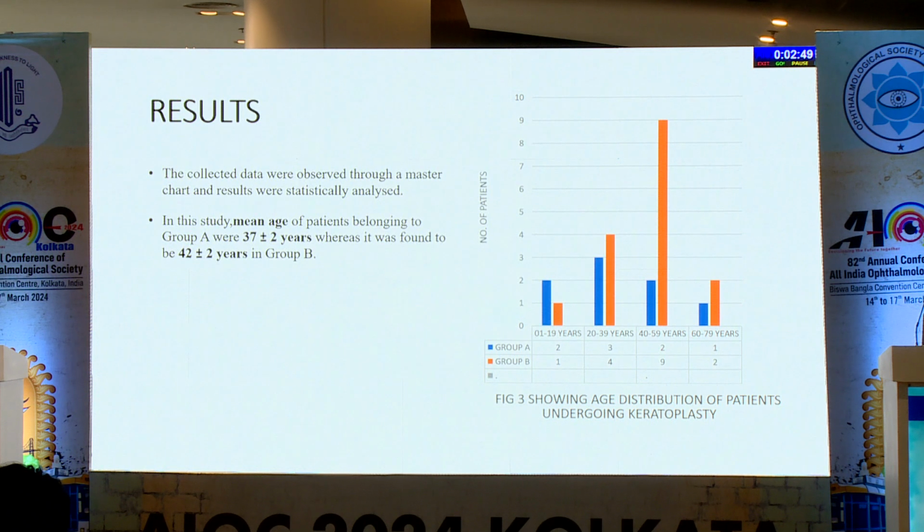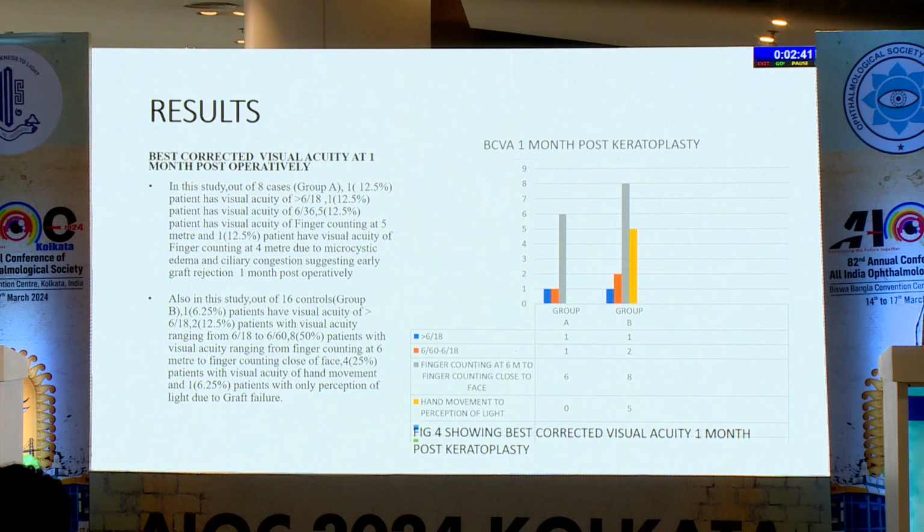In the study, the mean age of the patients in group A was 37 plus minus 2 years, whereas it was 42 plus minus 2 years in group B. When we looked at the best corrected visual acuity 1 month post-operatively, in group A one patient, accounting for 12.5%, had visual acuity of more than 6/18, whereas in group B only 6.25% had visual acuity of more than 6/18.